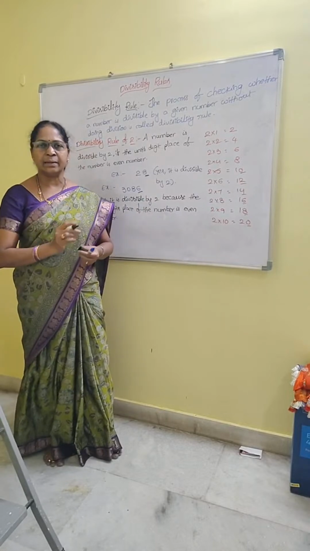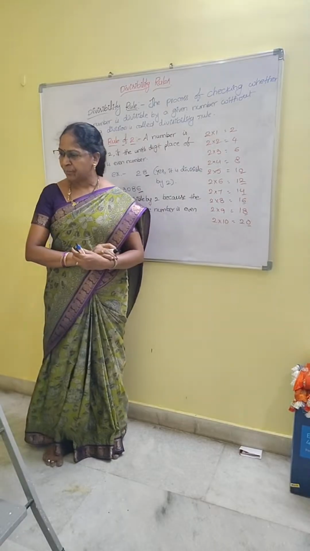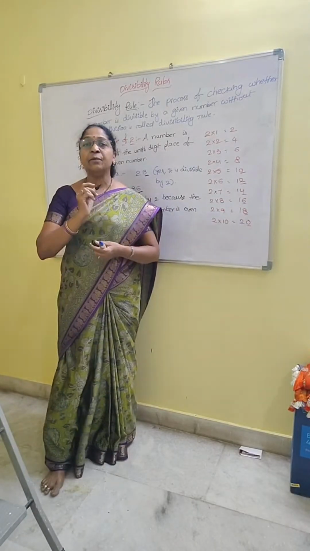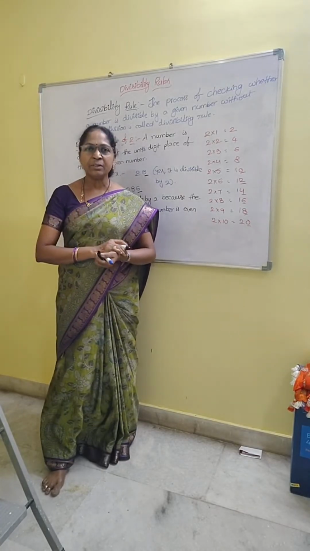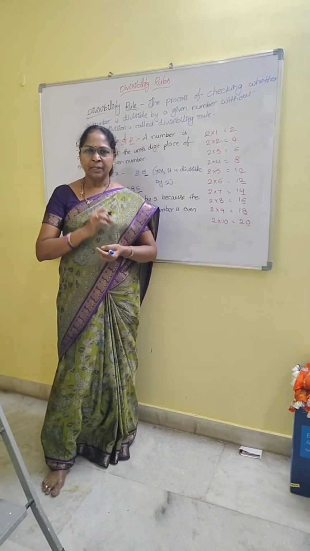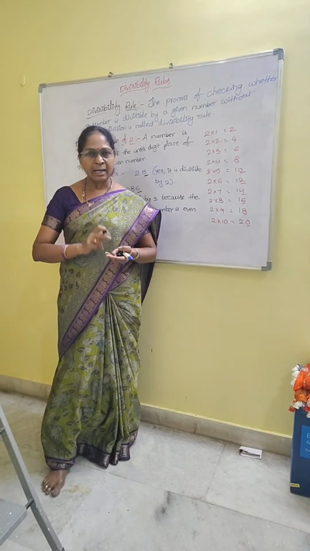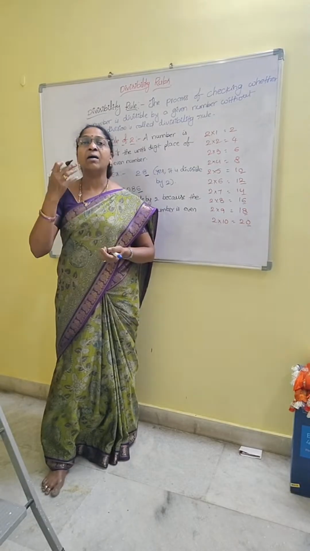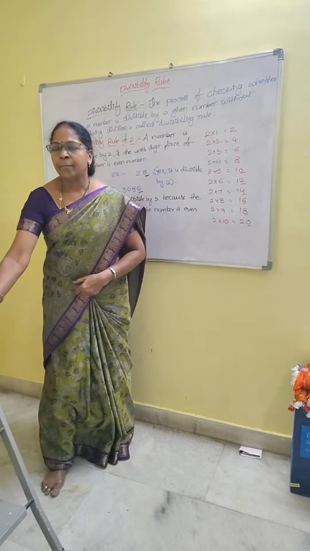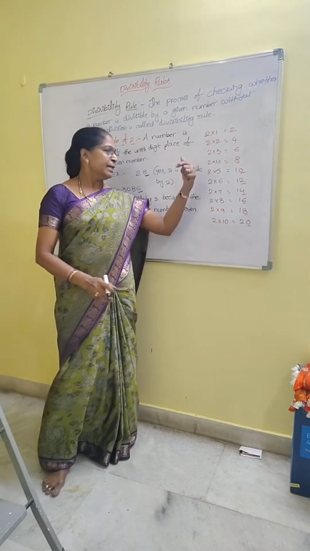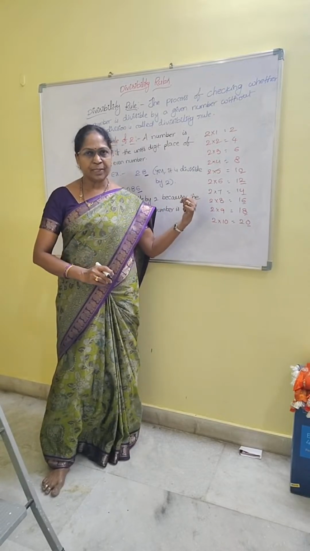This is the reason you can say yes, the number is divisible by 2. What are even numbers? How can you remember? If the unit digits place of the number is either 2 or 4 or 6 or 8 or 0, then immediately you can say yes, it is divisible by 2. Got it? Is it clear?